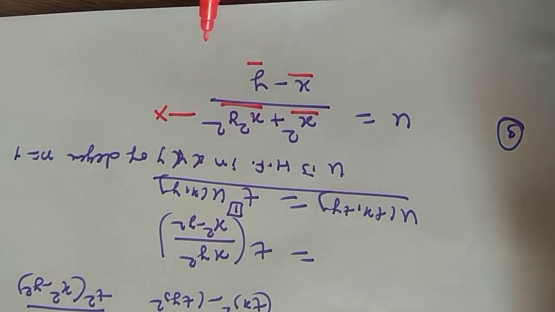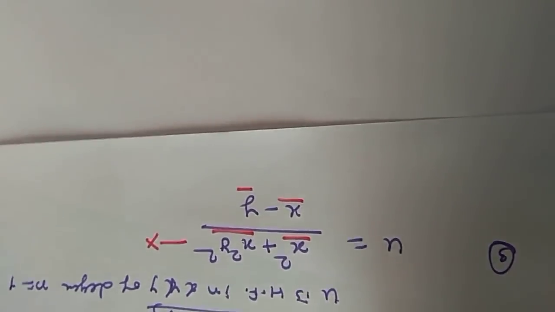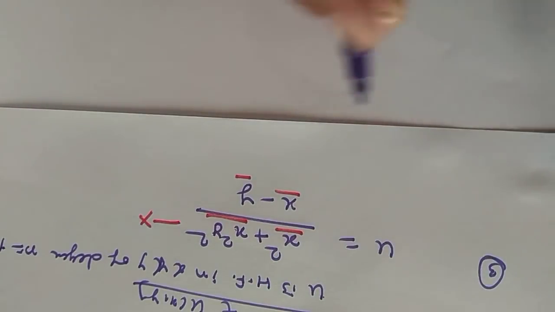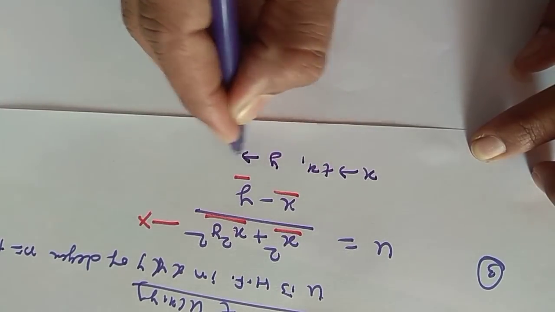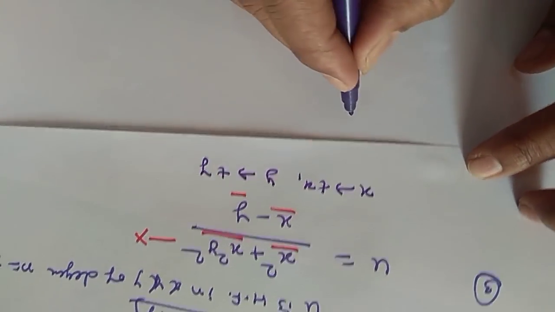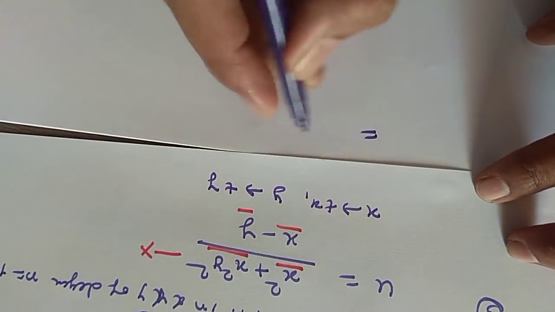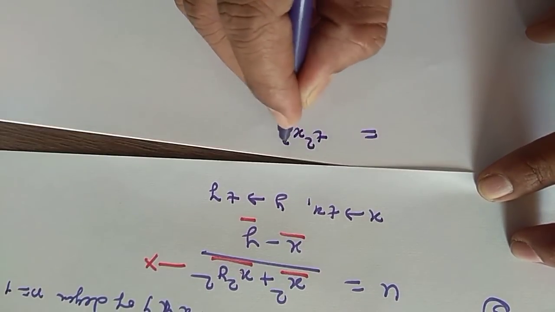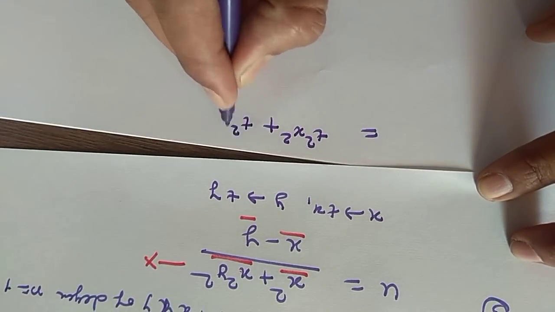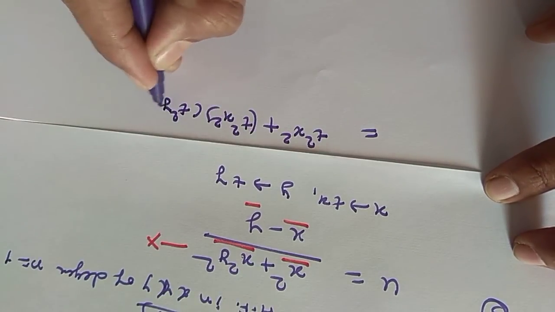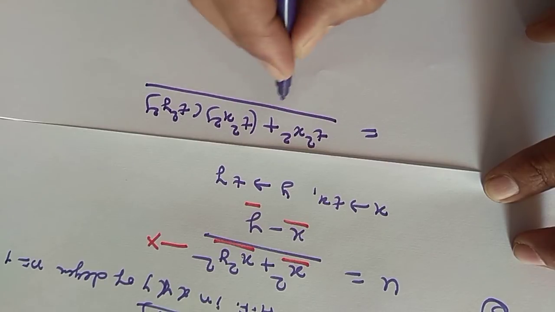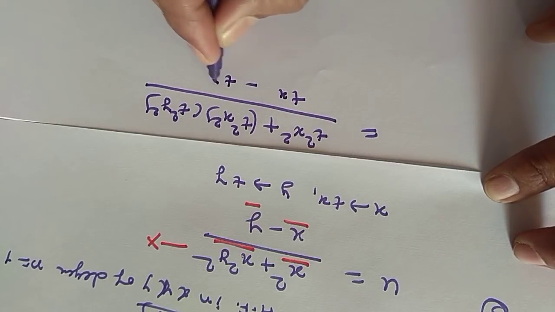Let us try to find out by using our actual way. I will replace x by tx and y by ty. Then u becomes (t square x square plus t square x square into t square y square) divided by (tx minus ty).